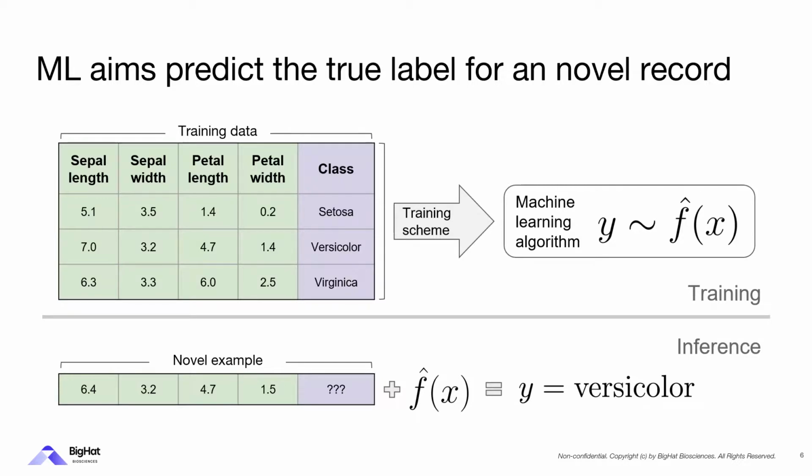Inference assumes that you have a well-trained, good model F-hat. And what it does is it accepts novel examples. So this is an example where you haven't seen it before and you don't know its true label, but you have the feature values which you can collect. You can send those into F-hat as the values X, and it will emit the Y value, for instance here, versicolor, that is the predicted label for the unseen or new example.